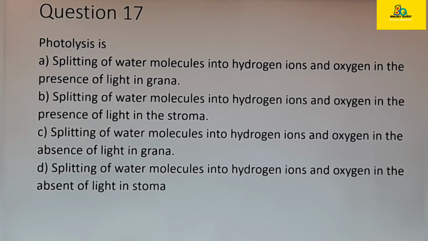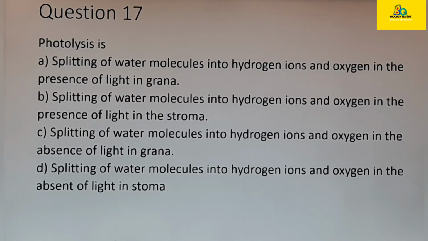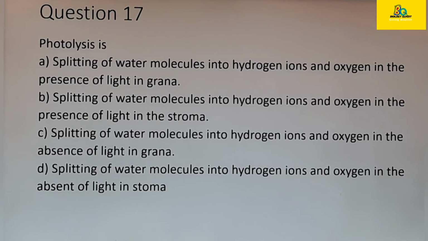Option A is splitting of water molecules into hydrogen ions and oxygen in presence of light in the grana. And option B is splitting of water molecules into hydrogen ions and oxygen in presence of light in the stroma. We have already discussed in one of the previous questions that light reaction occurs in the grana and the dark reaction occurs in the stroma.